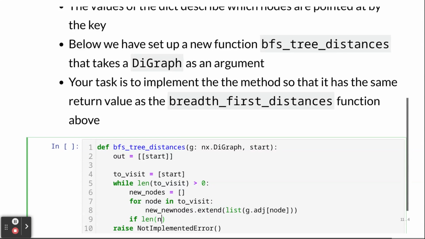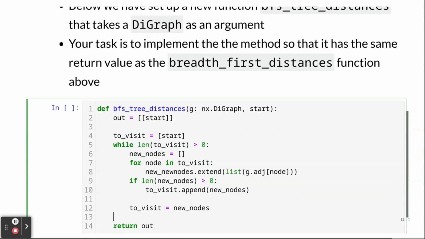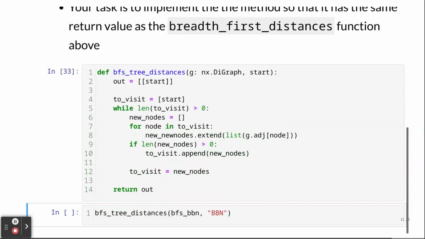If we found something, we're going to append that to the output. And then on the next iteration we just need to visit our new nodes. Let's see if we got it right this time.